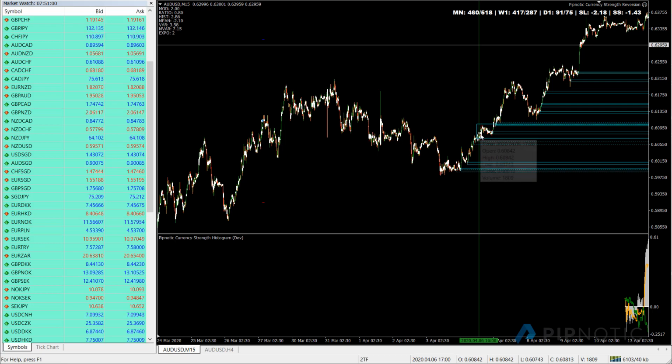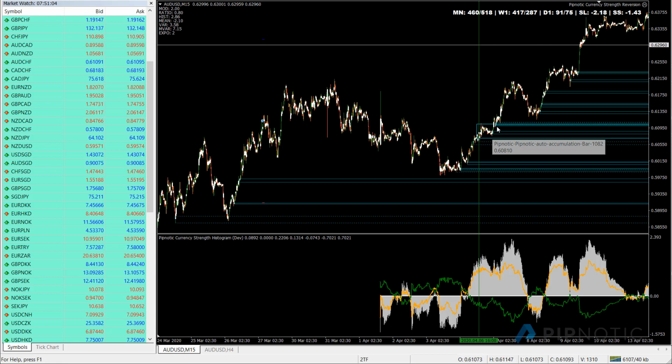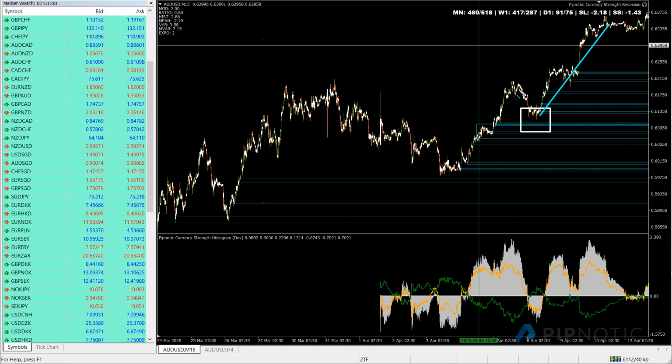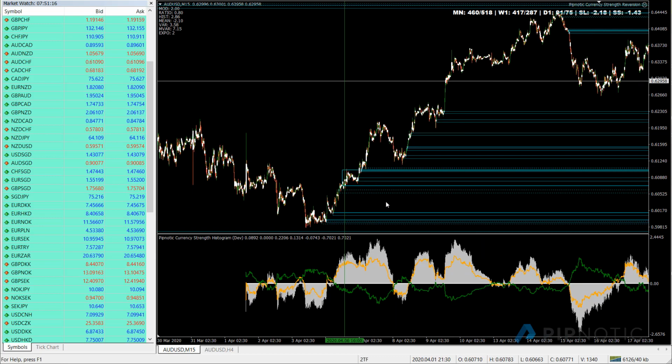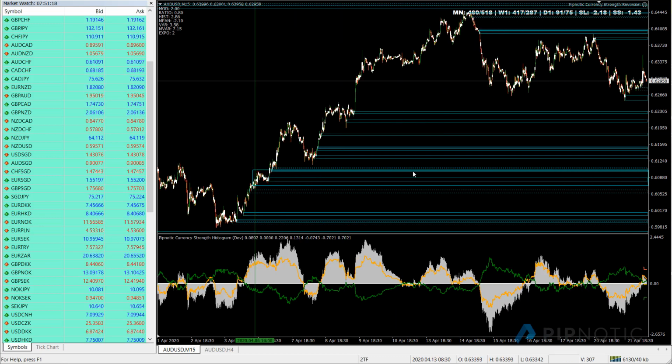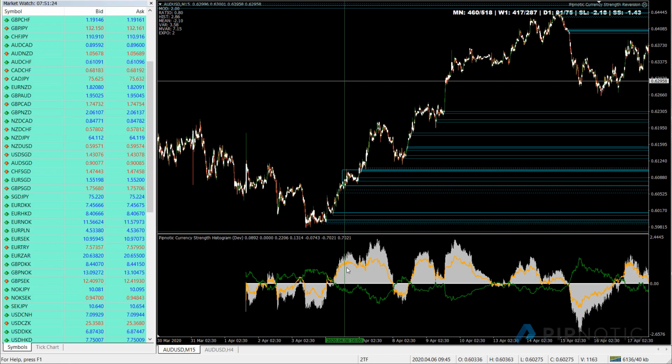What does that mean? That means buy at demand. Price moved out of this. We came down, we came pretty close to it, and then we left and started to move higher. And price really went higher. While you maybe wouldn't see this so clearly on the smaller time frames, we did in this example.